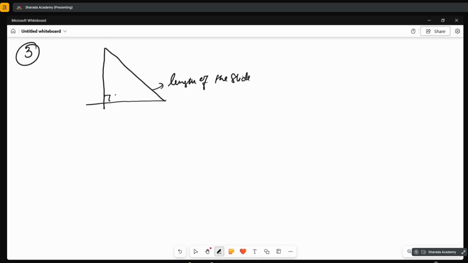So this will be 90 degrees. This is the height of the slide. So what has been given: a contractor plans to install 2 slides. For the children below 5 years, she prefers a slide whose top is at a height of 1.5 meters. So this is 1.5 meters.